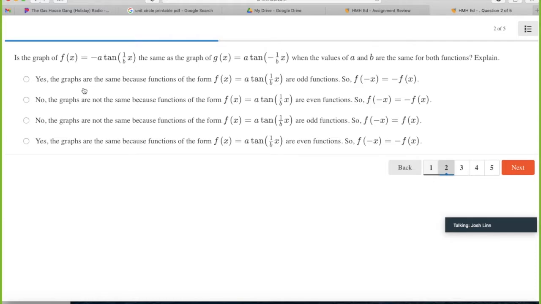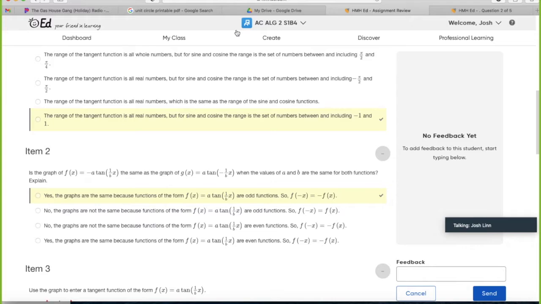No. Remember, we saw an example where when it flipped around the x-axis, it was no longer increasing forever, it was decreasing. So I think no, the graphs are not the same, because the functions of the form f of x equals a tangent bx are odd functions, so f of negative x equals negative f of x. I think that's using the definition.